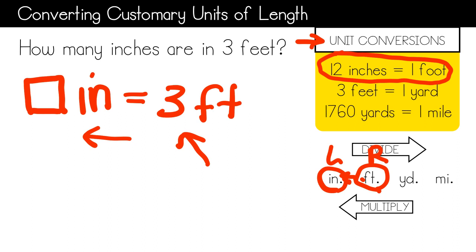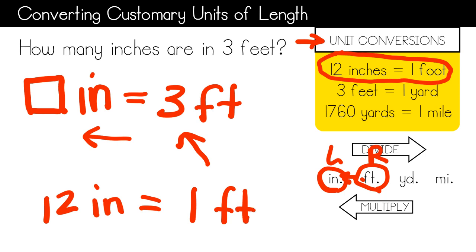So we know that 12 inches equals 1 foot. To figure out this problem, I need to say, okay, 1 foot equals 12 inches. So now instead of having 1 foot, I have 3 feet, and that equals how many inches?